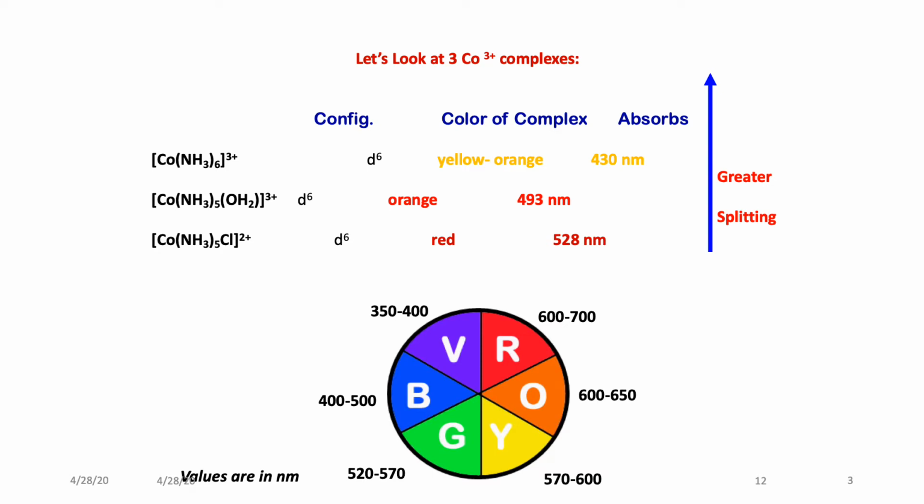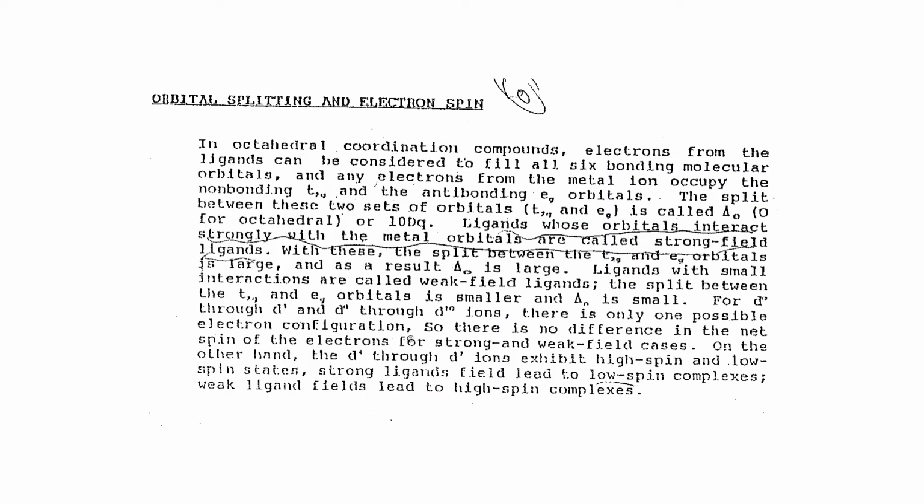So you build the spectrochemical series according to the delta value or lambda value. Now all you have to do is convert the lambda in nanometers to centimeter minus 1, and you report delta values in centimeter minus 1.